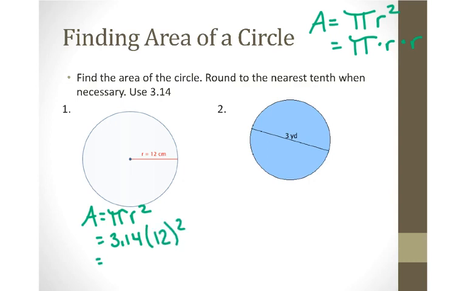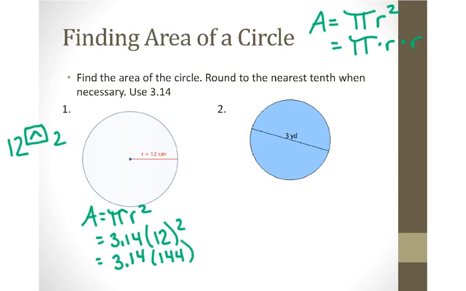So now, I simplify 12 squared, and to plug that in your calculator, you would do 12, and then you hit the caret key, and then you would hit 2. So this would become 3.14 times 12 squared; 12 times 12 gives you 144.